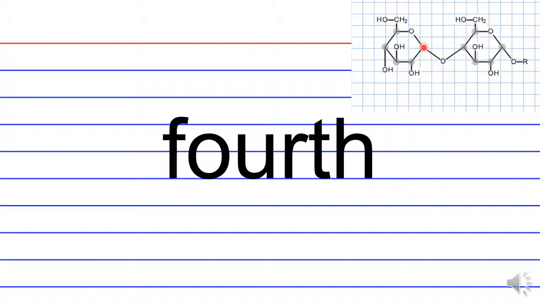So here goes one anomeric carbon, here goes the second, and it's given the number 1. So this is 1, 2, 3, 4th position. Let's say 1, 2, 3, 4th position, okay? So this is the anomeric carbon of one subunit and the 4th position carbon of the second.